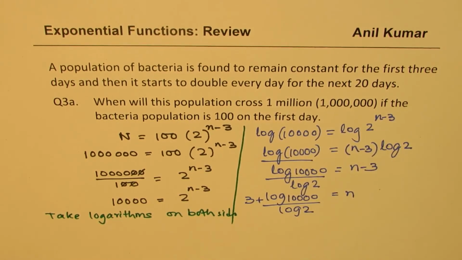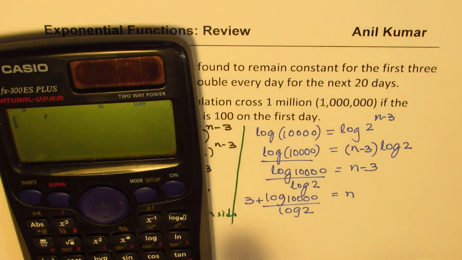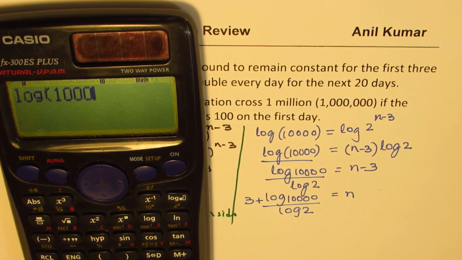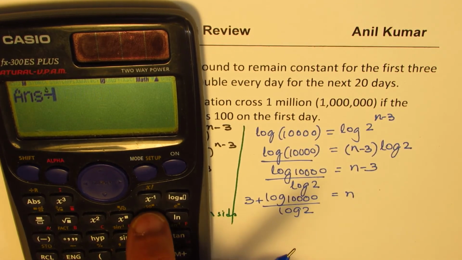So that is how we calculate. Now in this calculation, you normally know what log of 10,000 is, but in general, what you should do is like this. Log of 10,000, you have to divide this by log of 2.